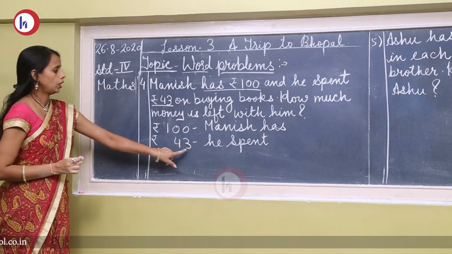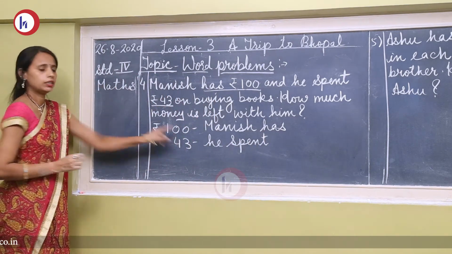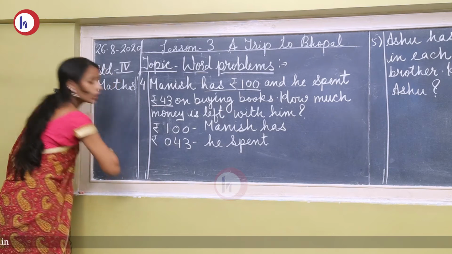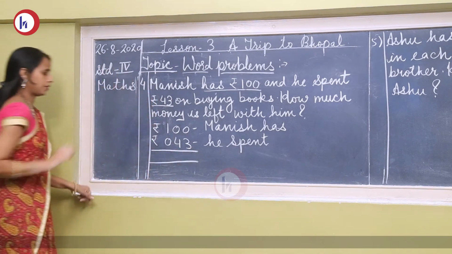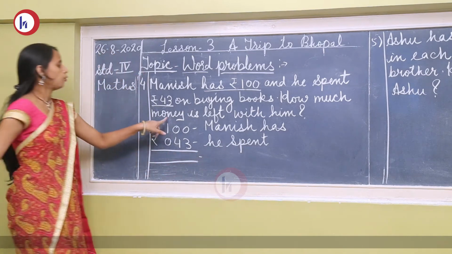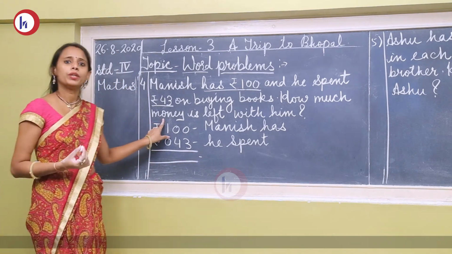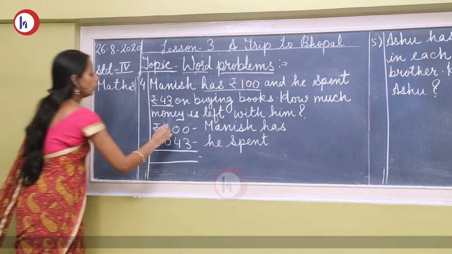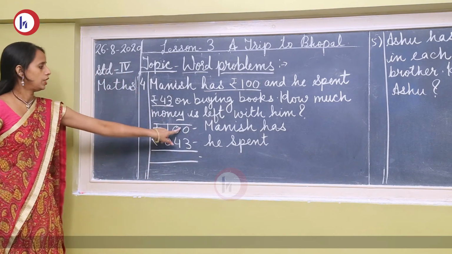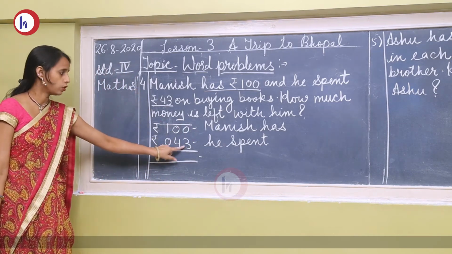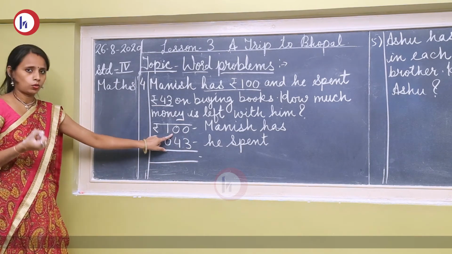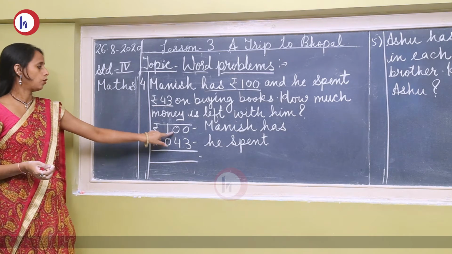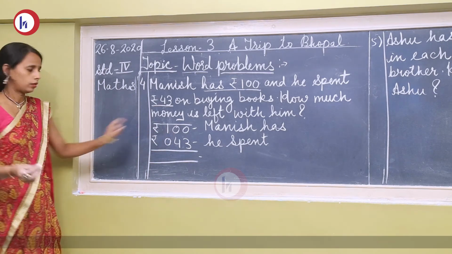Now see, here there are only 2 digits and here 3 digits. So we have to put 0 so that we can do subtraction. Now we have to find out how much money is left with him. So we will do subtraction here. 0 minus 3 is not possible. So we have to borrow from which number? The next one is 0. So we can't borrow from here. So we have to come to 1.